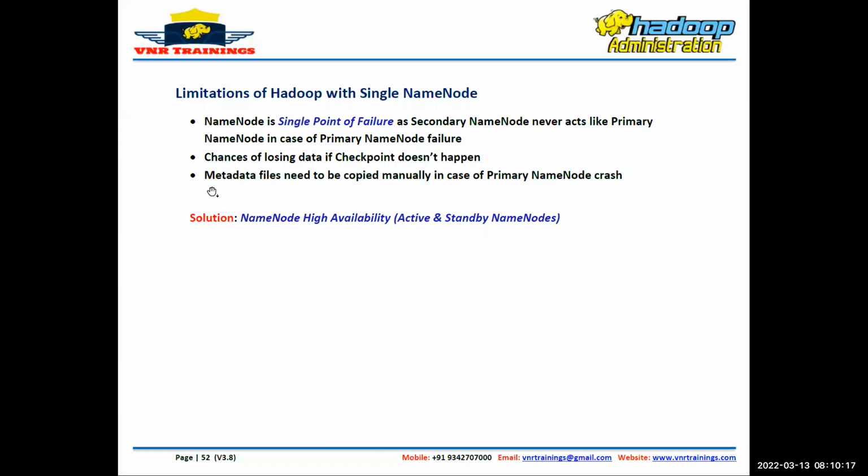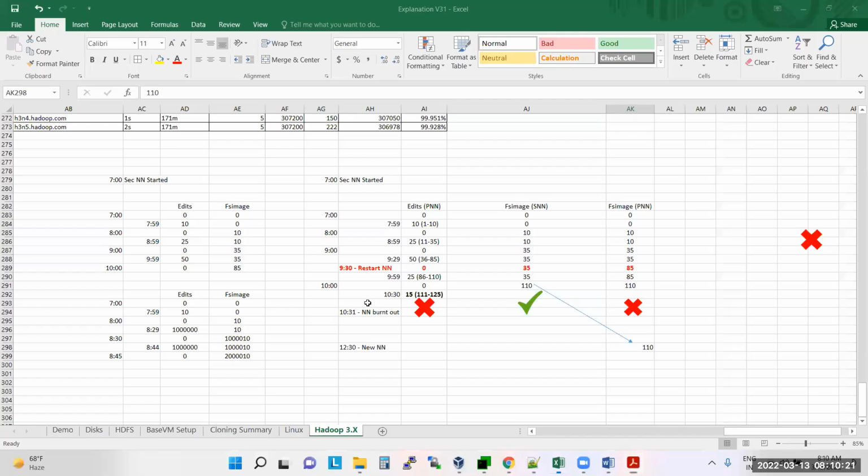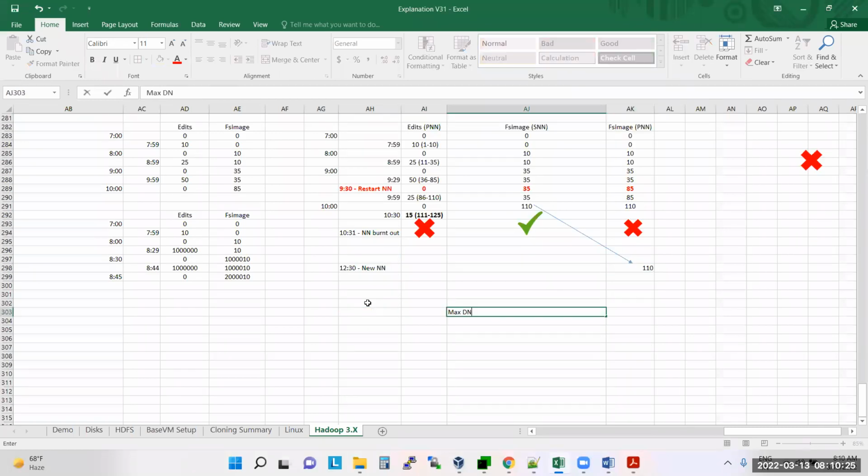Here, the maximum number of data nodes in a Hadoop 1.x cluster. Any idea, guys? What is the max data nodes in a Hadoop 1.x cluster? It is 4,000. So you cannot create more than 4,000 data nodes in any cluster.